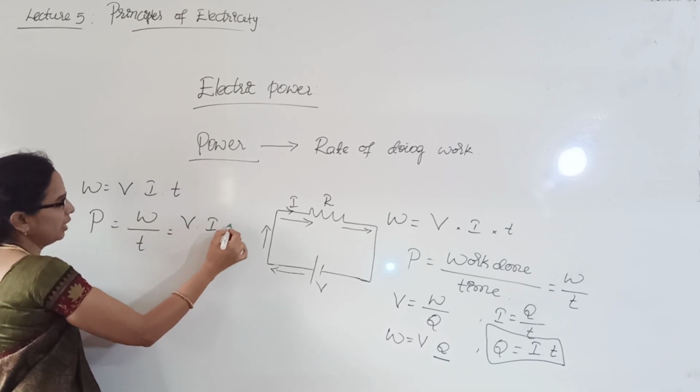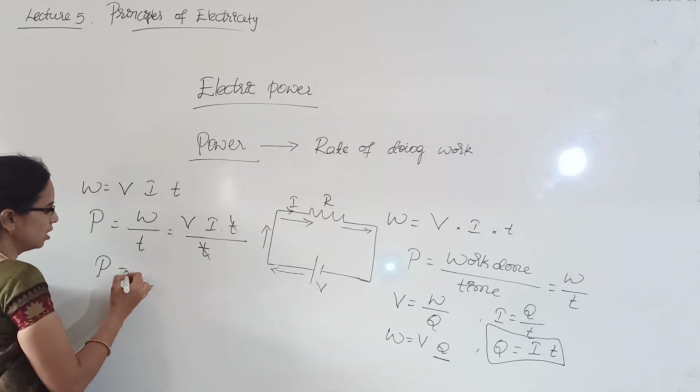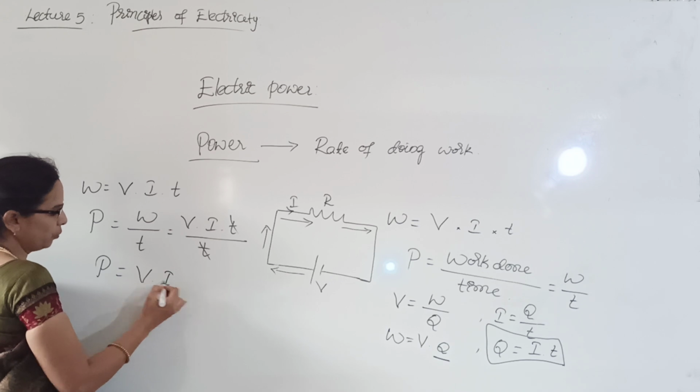If I divide V I T by T, power is equal to V into I.